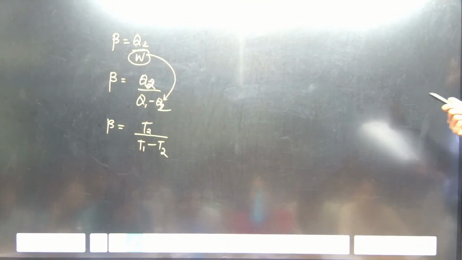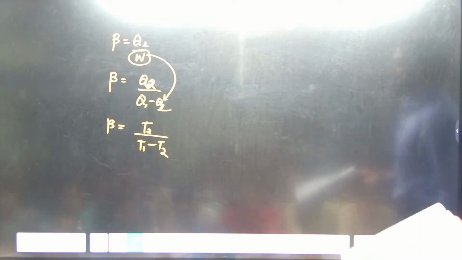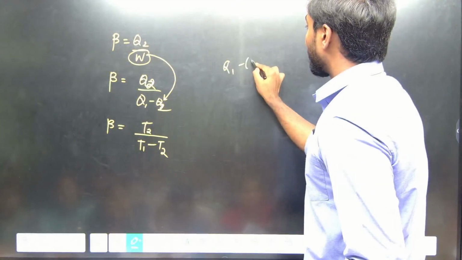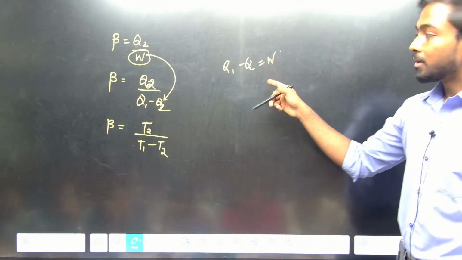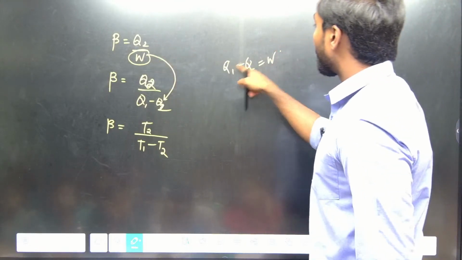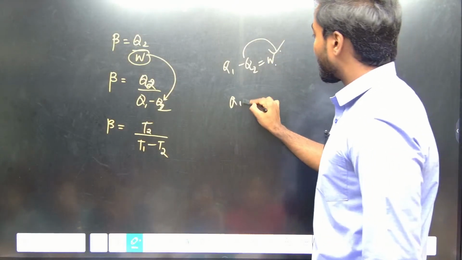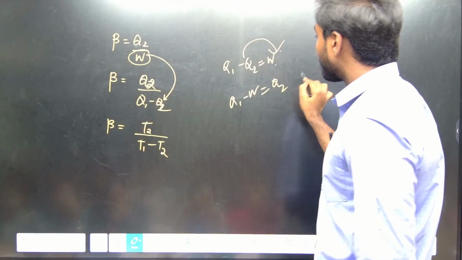Now write the equation. I'll tell one by one how to write it. So beta = Q2 by W. I can rewrite that Q1 - Q2 = W. They have given, no? So if I want Q1 and W, I can take this Q2 to the other side, no? So Q1 - W will be equal to Q2.